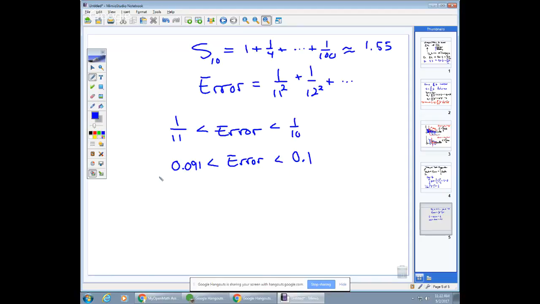So worst case scenario, I'm overshooting this by 1.55 plus 0.1, or I'm down the other way. So another way to think about this is if I take S sub 10 and I add that to the error, what do I get?